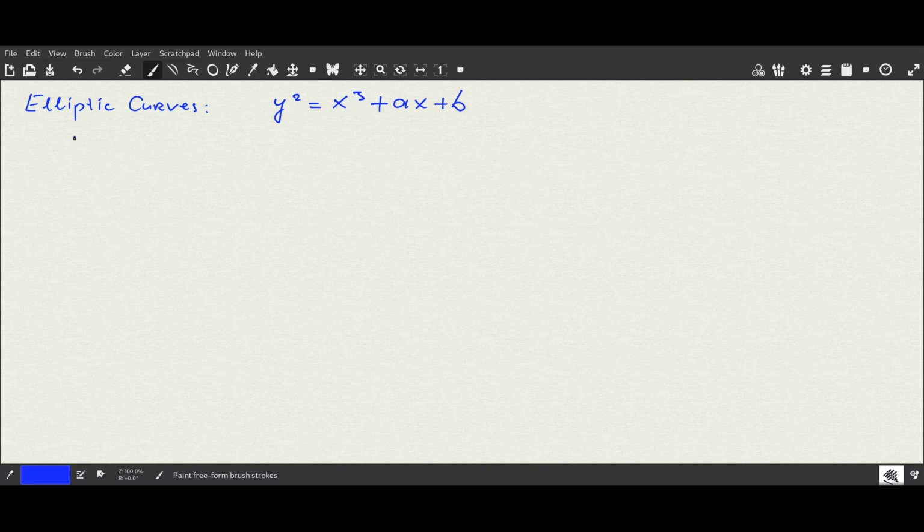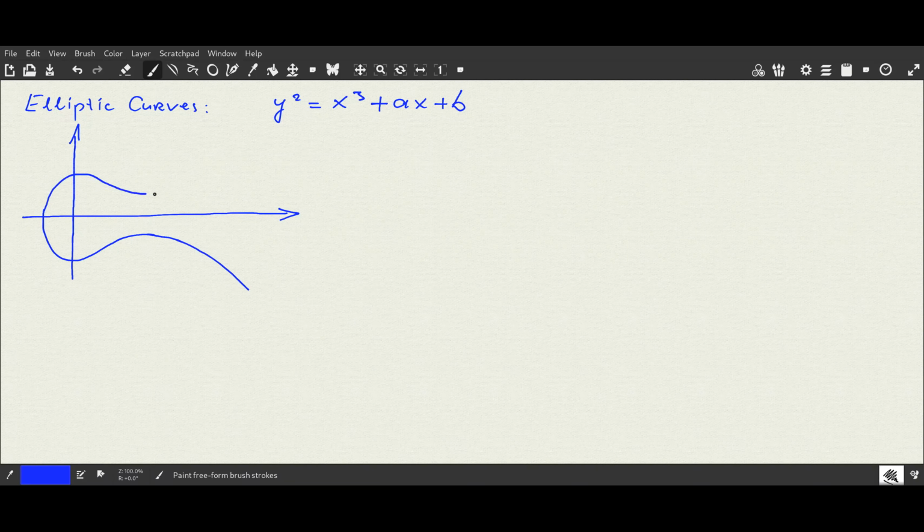Okay, so as we saw, an elliptic curve could be just one continuous branch, or it could consist of two separate branches. Let us draw an example which is entirely continuous. So you see, it is symmetric, obviously, over the x-axis.